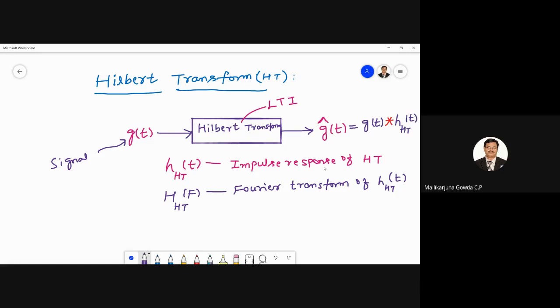Hope you are understanding now. So G cap of t is equal to g of t convolved with the impulse response of the Hilbert transform, which I consider as a linear time invariant system. Is this fine? What I wrote?